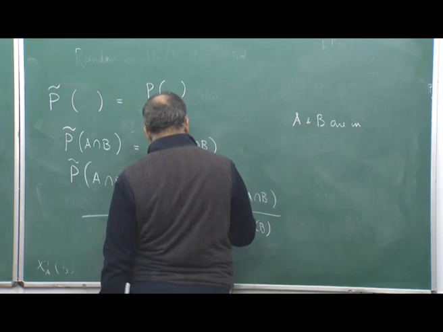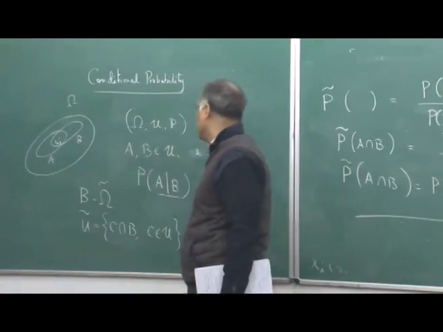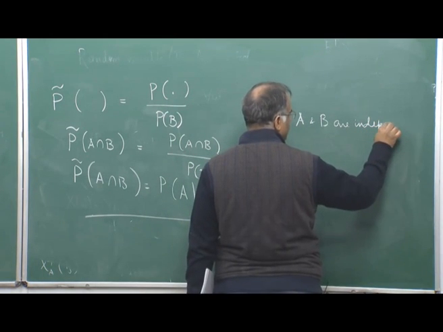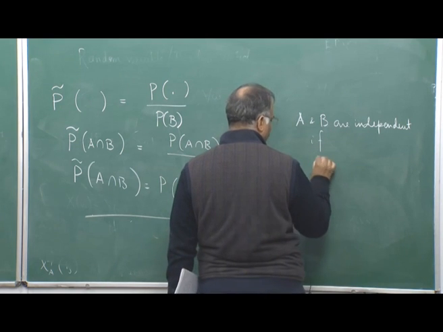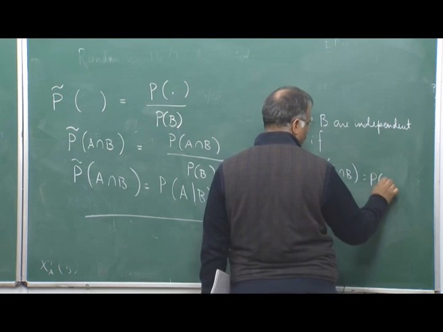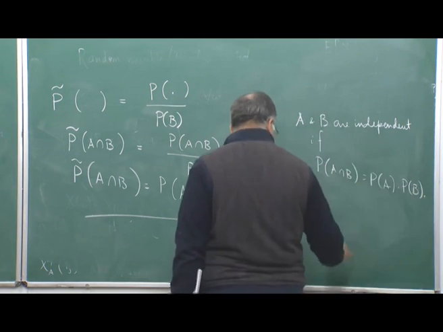Here the probability of occurrence of one affects the probability of the occurrence of the other because the sample space gets completely changed. So A and B are independent if the probability of A intersection B is the probability of A times the probability of B. So that is it, voila.